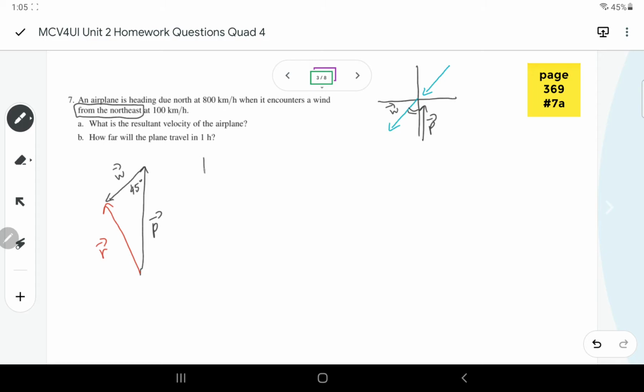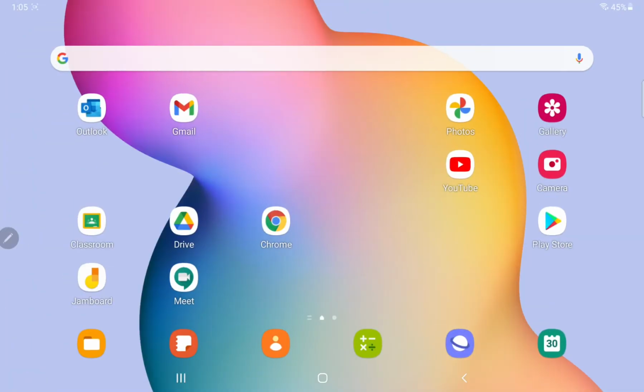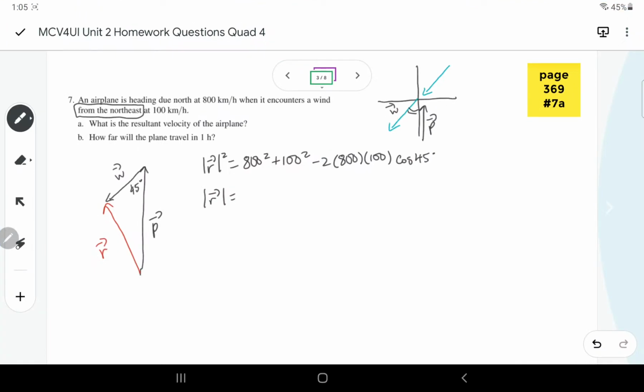Then I'm going to find the magnitude of my resultant, which will be 800 squared plus 100 squared minus 2 times 800 times 100 times cos 45. Put that all into your calculator.